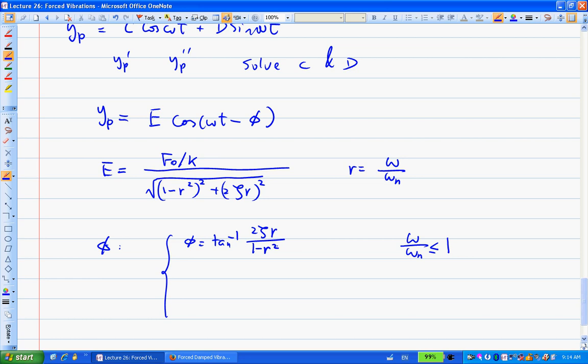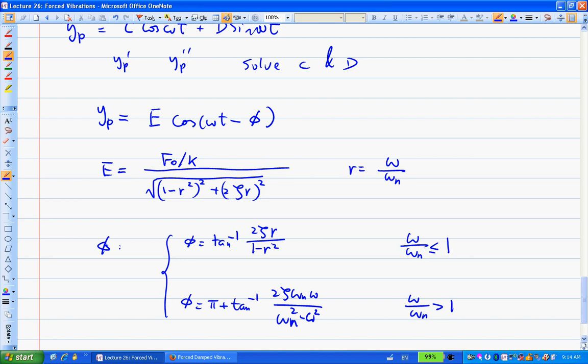And when omega over omega n is greater than 1, phi is pi plus tan inverse of 2 zeta omega n omega over omega n squared minus omega squared. So it's actually the same thing, I just put that R into it now.